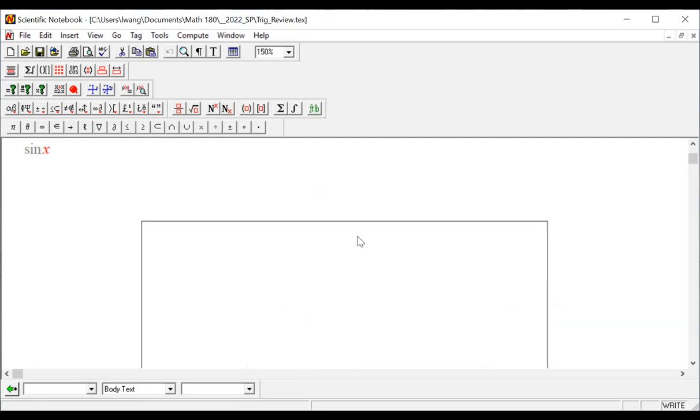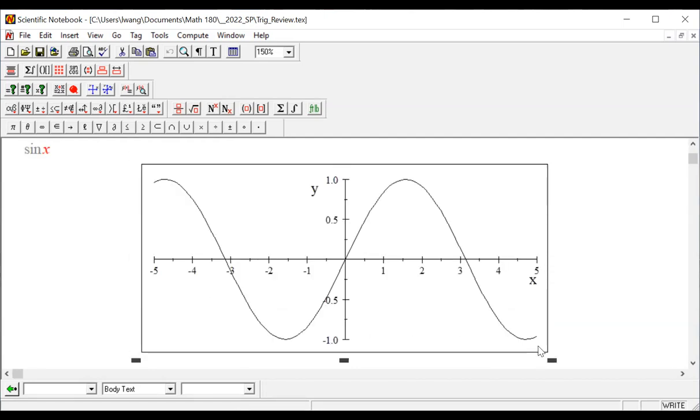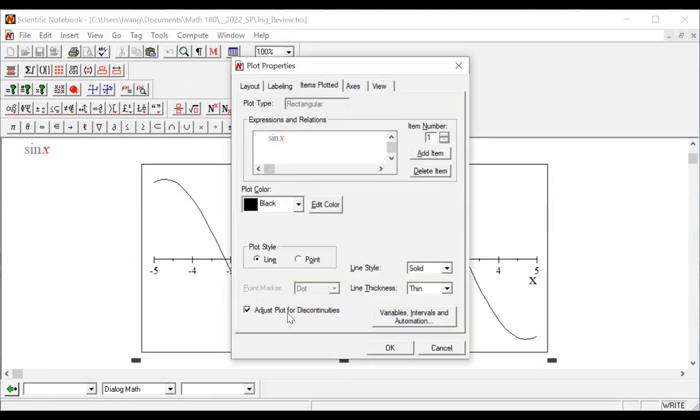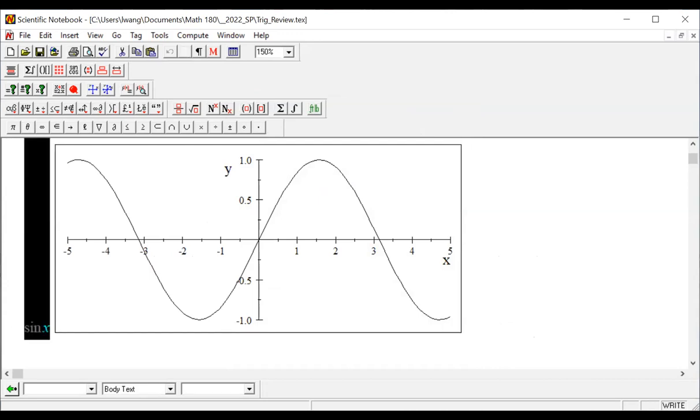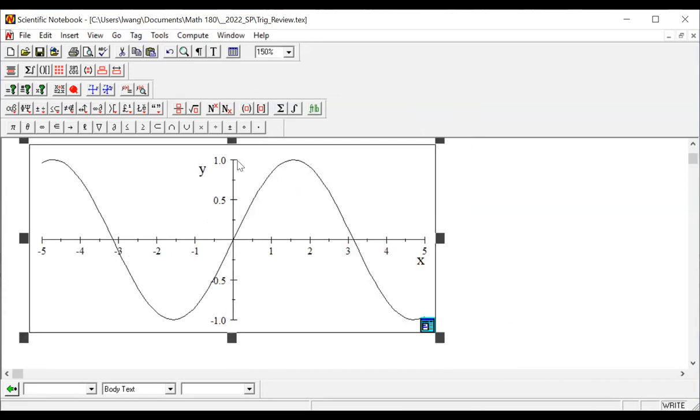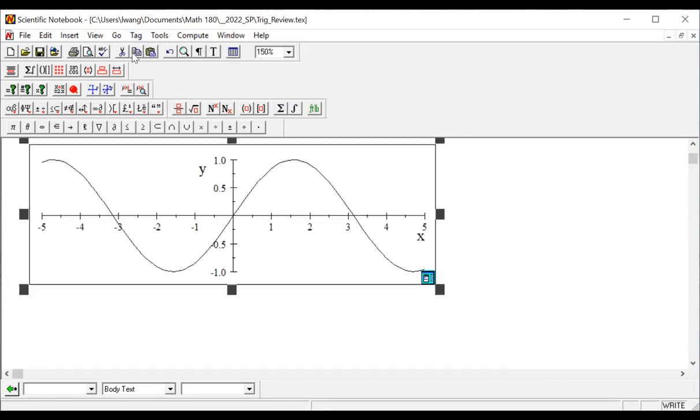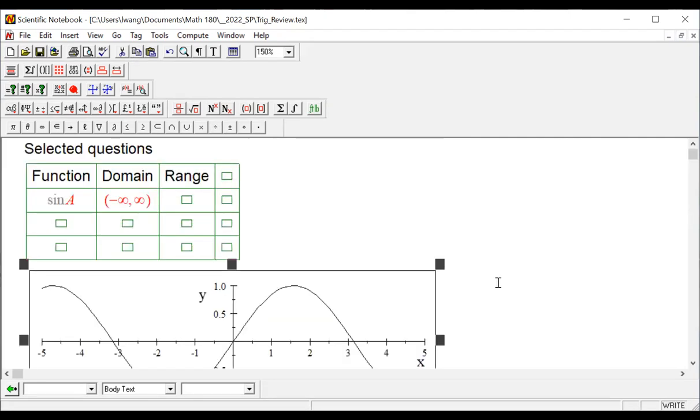So sine x, right? And in the previous review material, we talked about how, from the definitions perspective, why the domain is such and the range is such, right?